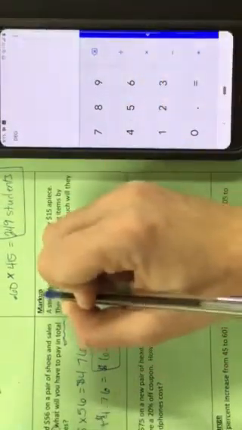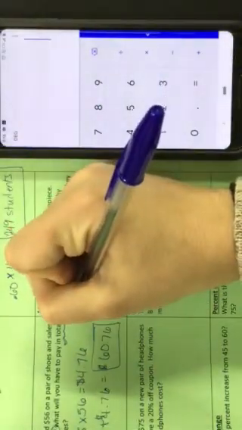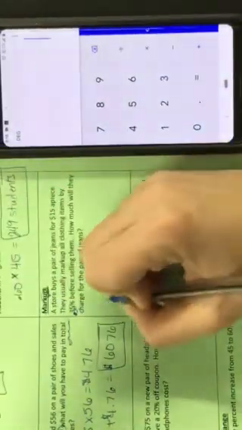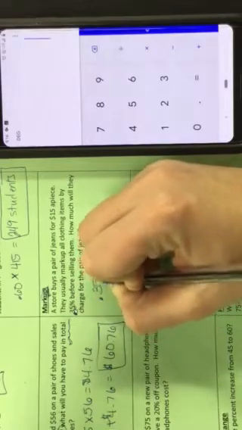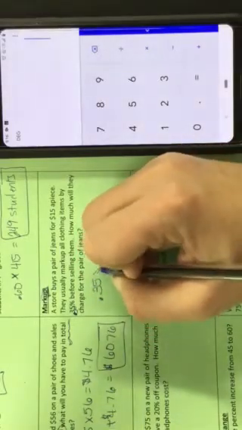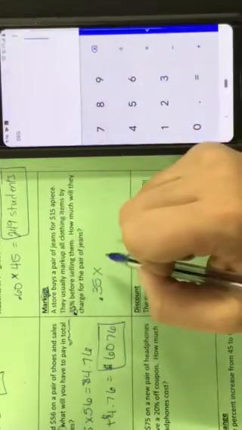All right, markups are the exact same thing as sales tax. We see the word up, so we know our price is probably going to increase, okay? So we're going to do the same thing we did on the last problem. We're going to find our percent. We're going to move the decimal 2 places to the left. Then we're going to find out what is 35% of $15.